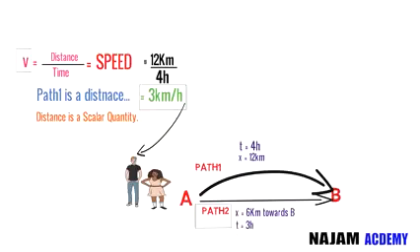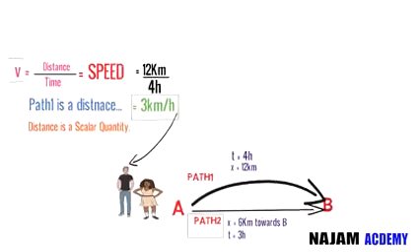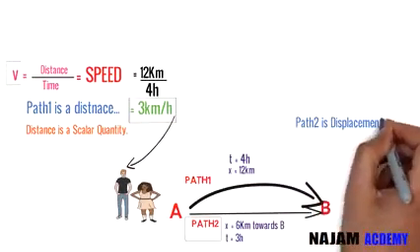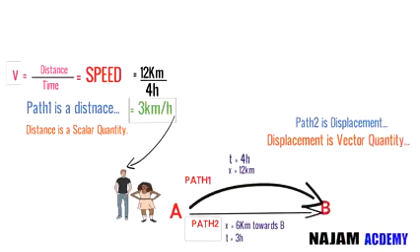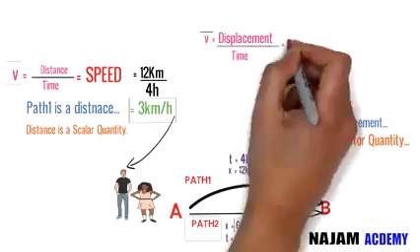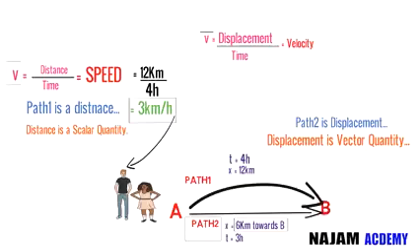Now if I explain path 2, as I told you, Sarah is moving 6 kilometers towards B in 3 hours. So path 2 is actually displacement, and I know displacement is a vector quantity because it is giving us the size and direction. So dividing displacement by time is giving us velocity. Distance divided by time is giving us speed.